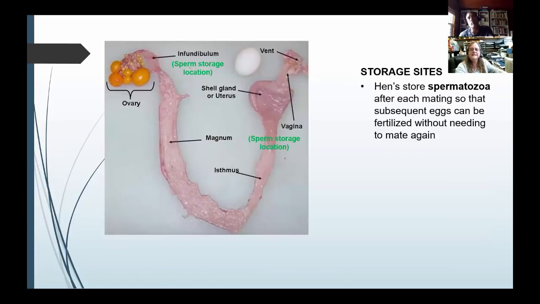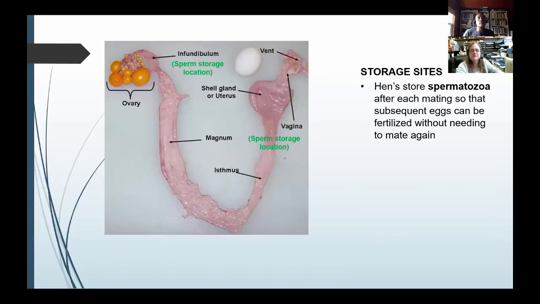The hen has sperm storage sites. After each mating, the sperm is stored and it can survive for weeks, although typically they're most viable in the first 2 to 3 weeks. After that, it starts to go down and your chances of a fertile egg decrease.